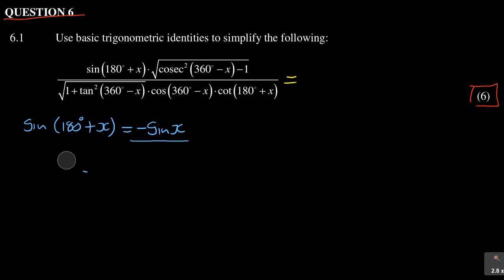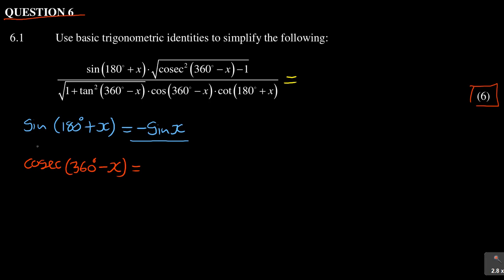So that I don't confuse you, let me use a different marker. First let's focus on cosec 360 minus x. Now cosec is linked to sine.